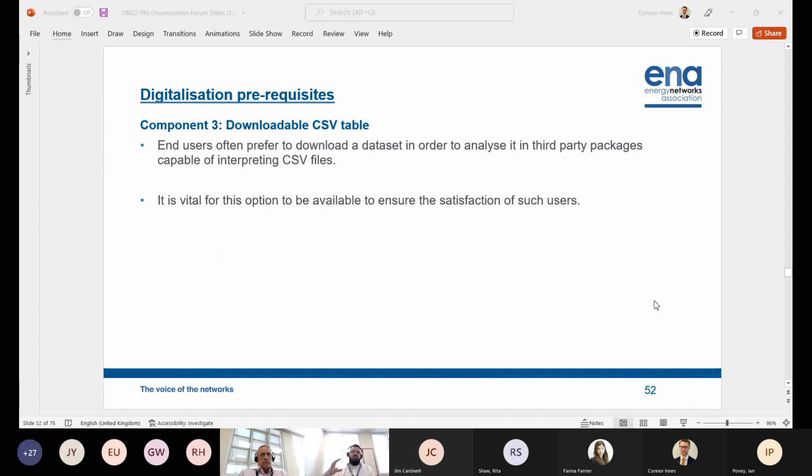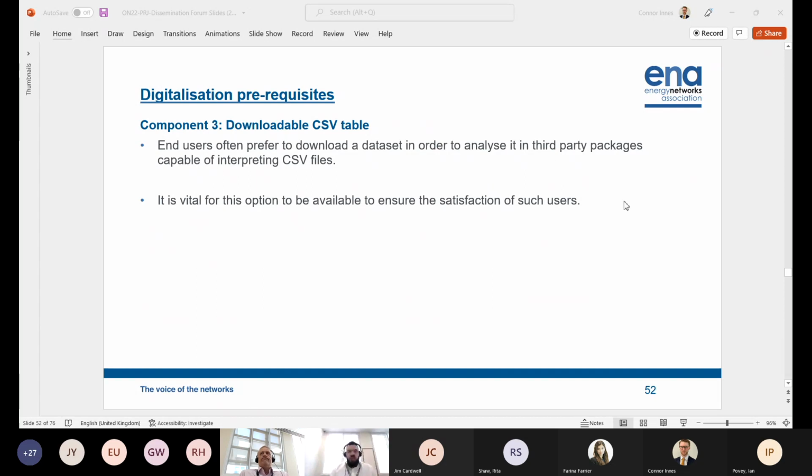Obviously, this is an obvious choice to have there as well. A lot of users still prefer to consume the data in that manner, and also like to enrich the data set by combining it with other third-party data sets, and it is vital to make this option available.